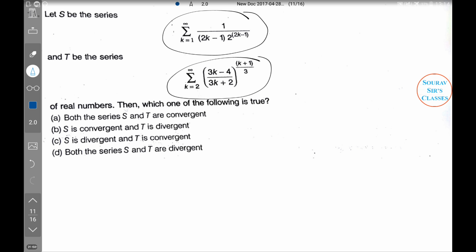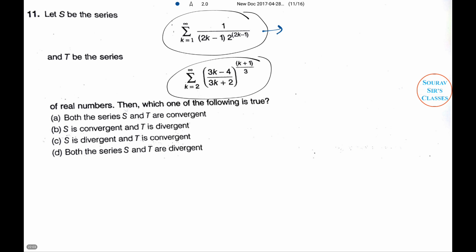Let's do it. In the very first case, the first formula for S, we need to do it. I'm just giving you a hint, I'm not going to solve it. Un plus 1 by un you have to do, in the very first case.